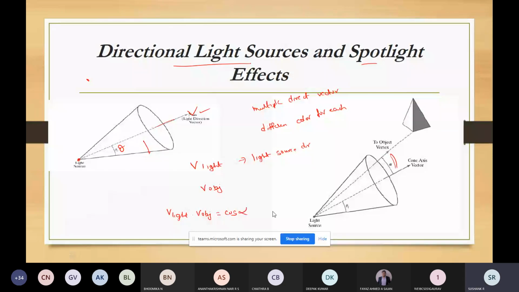See here, you can check. V light is the unit vector in the light vector direction, and V object, this is the object. V object is a unit vector in the direction from the light position to the object position. Here alpha is the angular distance of the object from the light direction vector. So this is the angular difference between the light direction vector and the object.